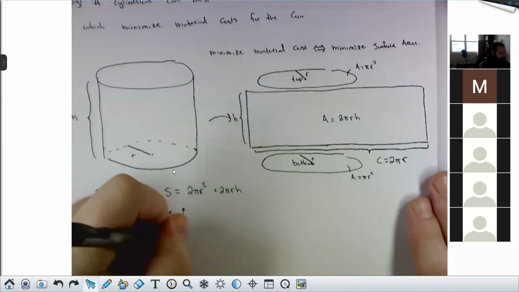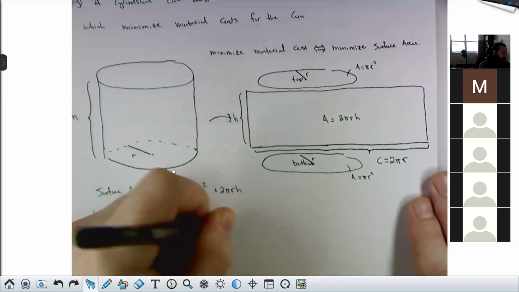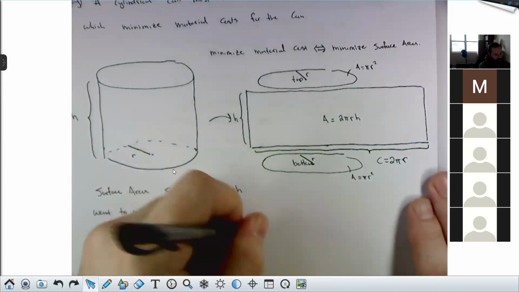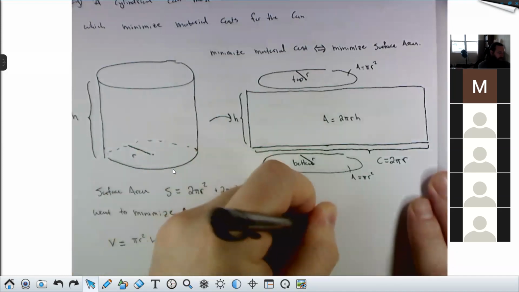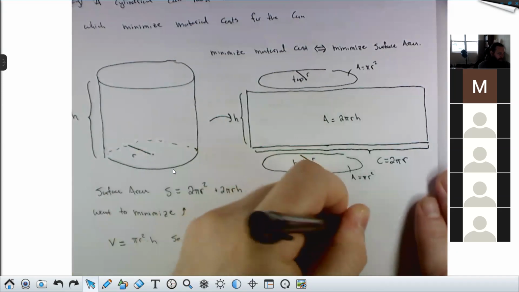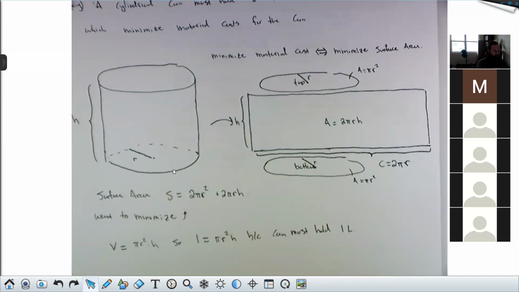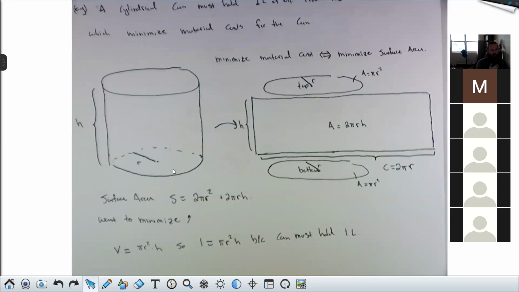So 1 has to be equal to pi r squared times the height, because the can has to hold 1 liter. Everybody with me so far?